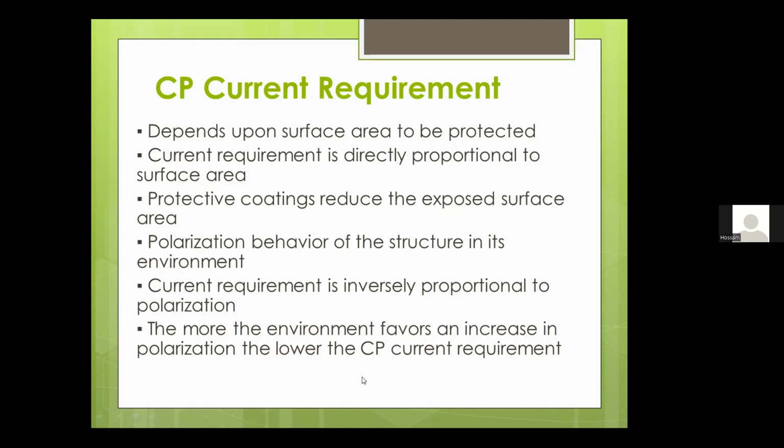The polarization behavior of the structure in its environment: the different types of environment will affect the polarization behavior and also the current requirement. Current requirement is inversely proportional to polarization. The more the environment favors an increase in polarization, the lower the current requirement.